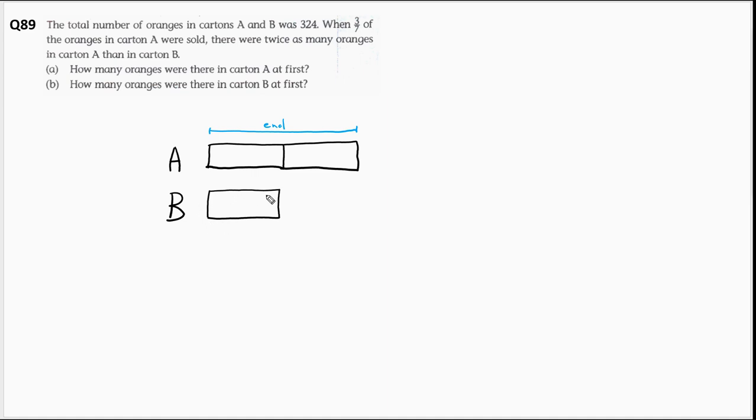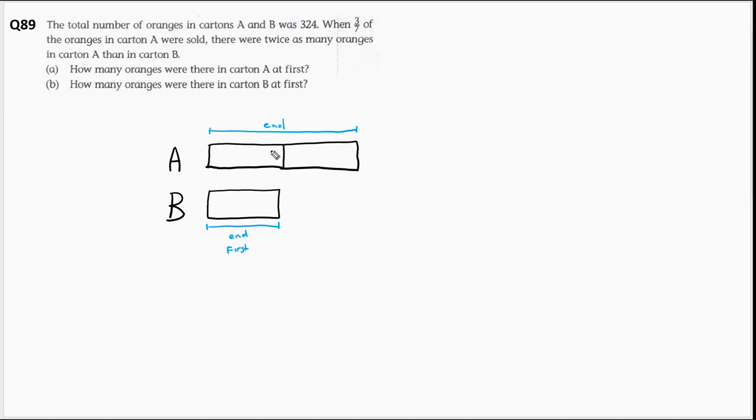None of the oranges, in fact, were sold from B, were they? So this is at the end, but it's also at first, because it just says that oranges from A were sold. Nothing changes in B.